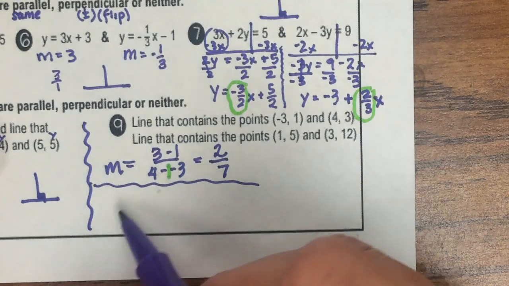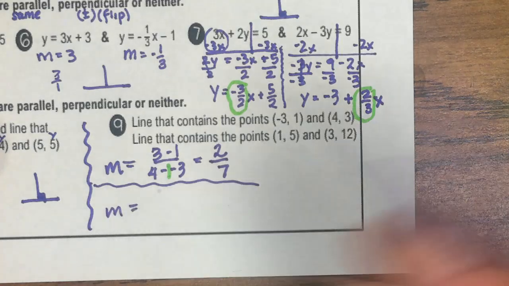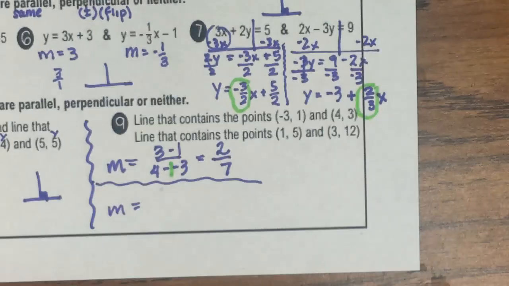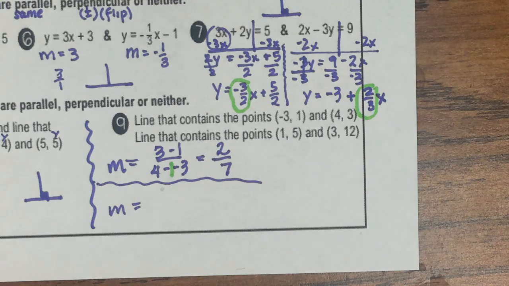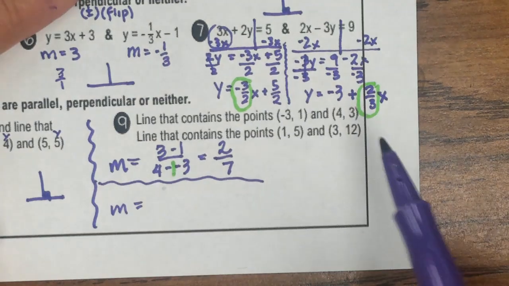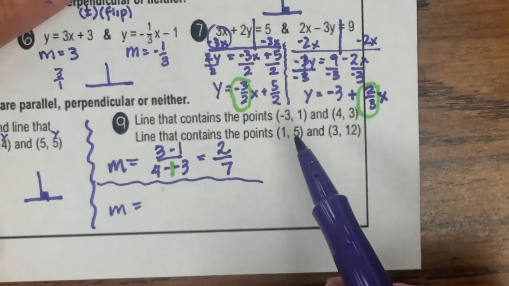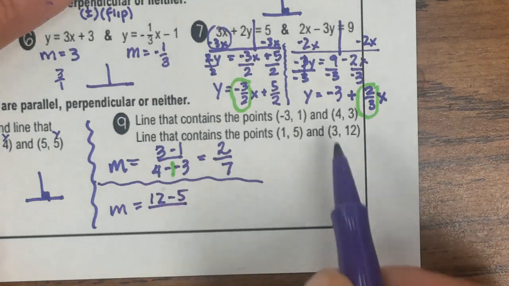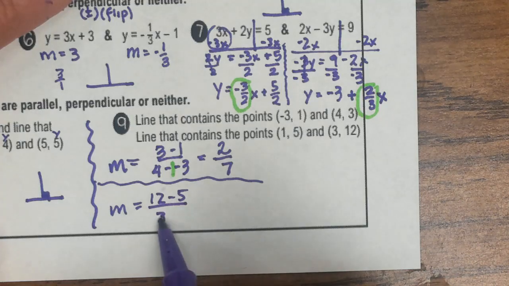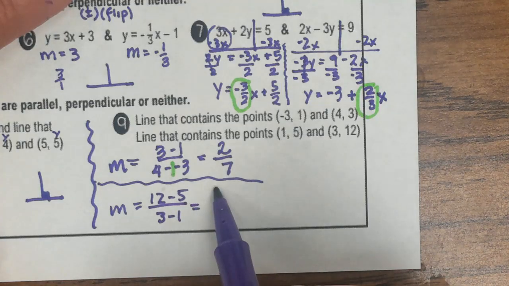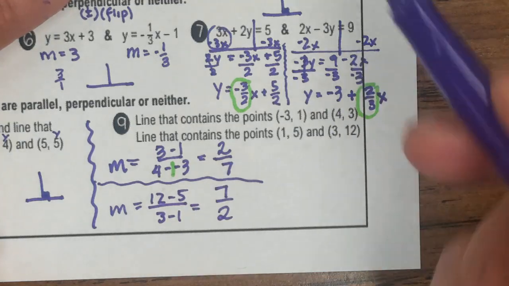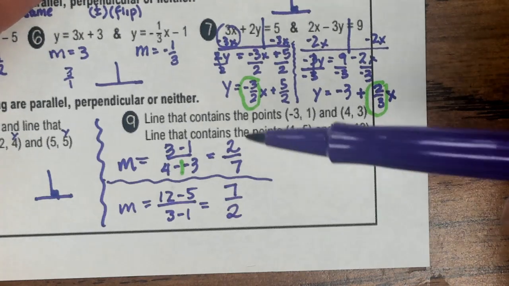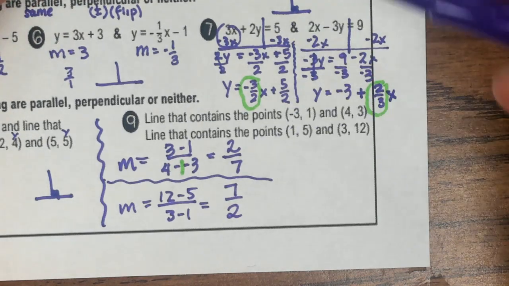All right, now let's do the slope on the second 2 points. We have (1, 5) and (3, 12). So ready? I'm going to do 12 minus 5 over 3 minus 1. I have 7 over 2. Now this one's trying to trick you because it is definitely flipped, but are they opposite signs?